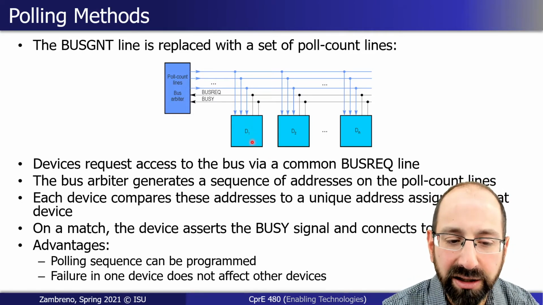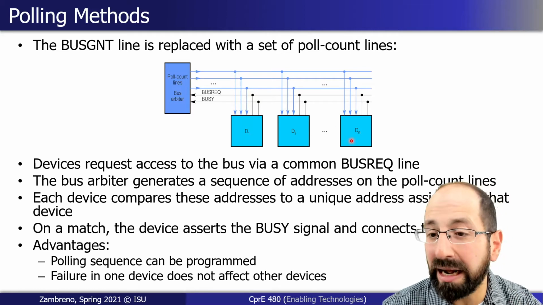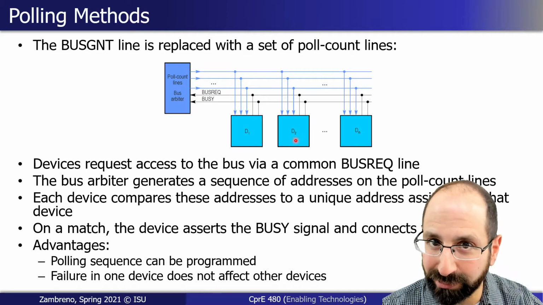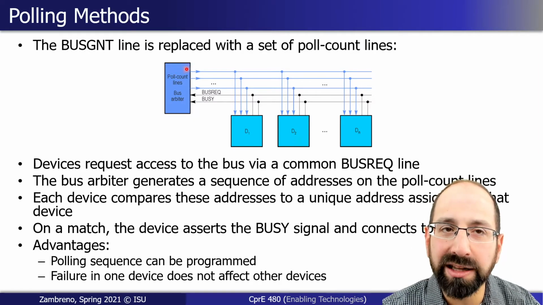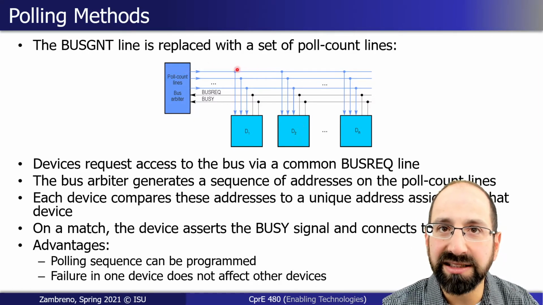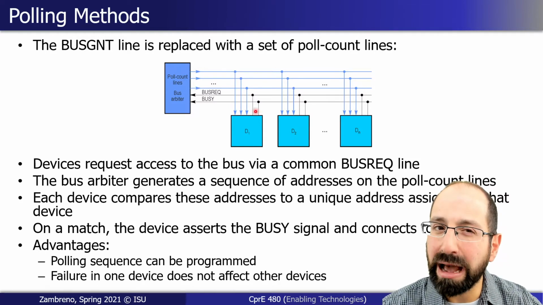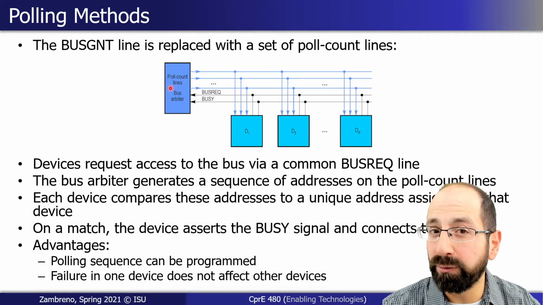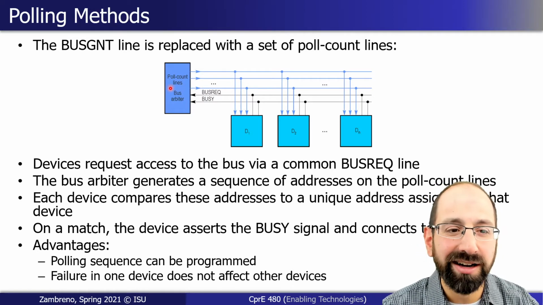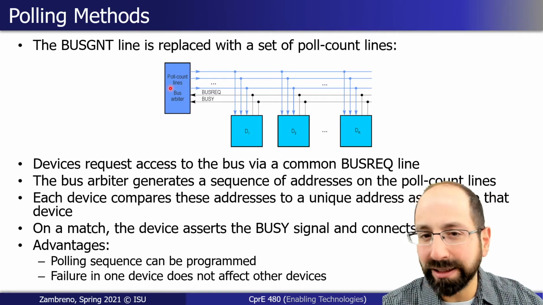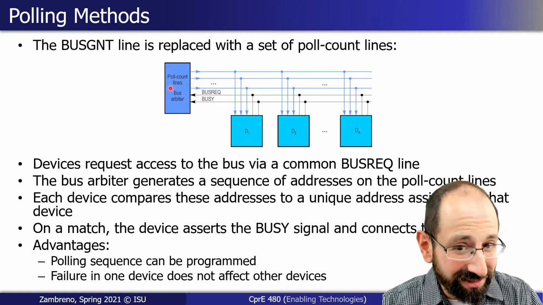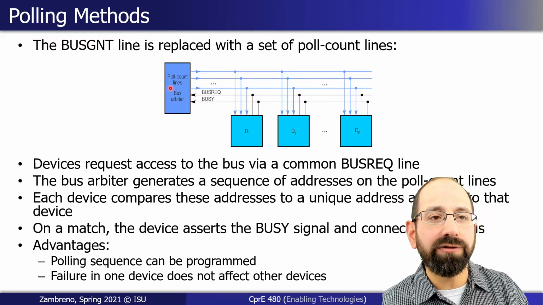Each of these components would then be programmed with some ID saying, I am D2, maybe my ID is also 2. When the arbiter wants to provide access to 2, it would just set the numeric value of 2 on those lines. That would allow arbitration to be as simple as an up counter. That would be the equivalent of a round robin arbitration scheme where 0 gets it, then 1 gets it, then 2 gets it, then 3 gets it. If you miss your turn, you know your turn is coming up relatively soon. That's some version of fair.